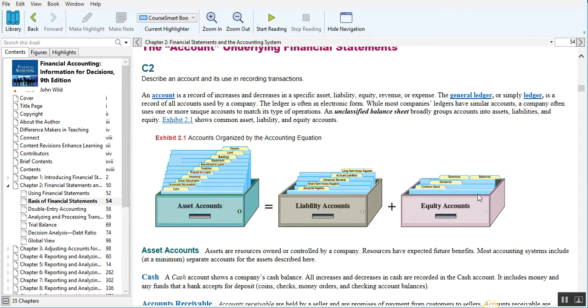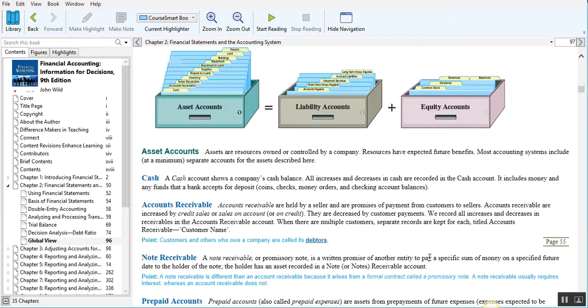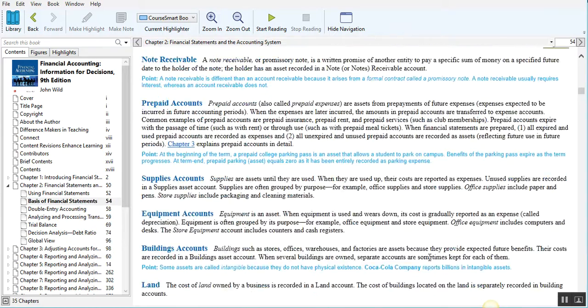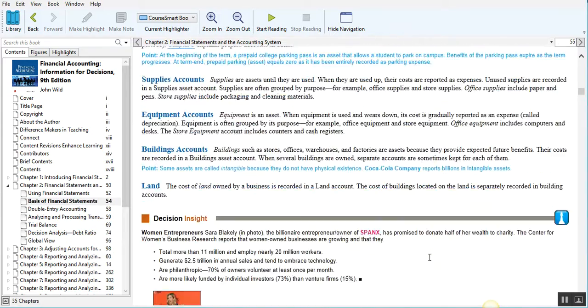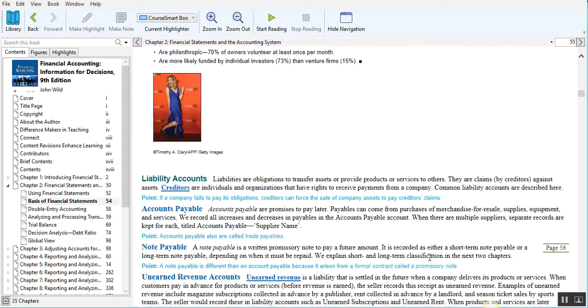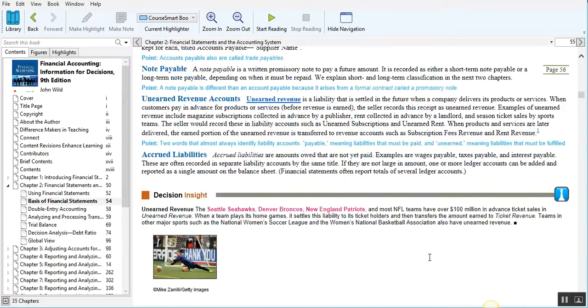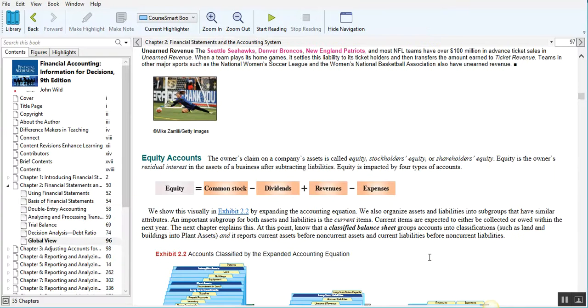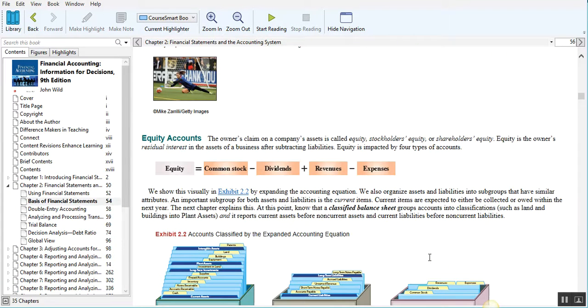And in equity, it's a much more complicated mix of accounts, but it basically comes down to what we earn as a net income, and what we pay out as dividends, and what we have as stock. So we'll look at those a little bit later, but this part of the book gives you good definitions on each of these accounts.